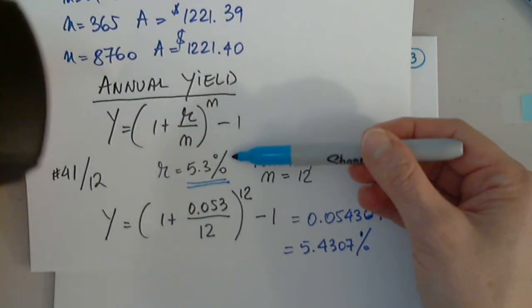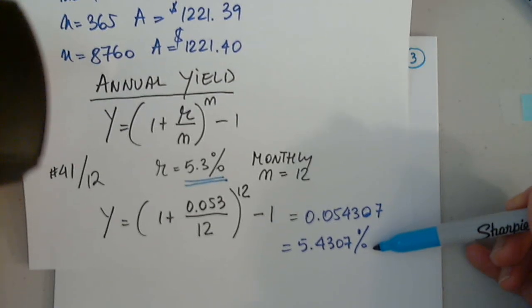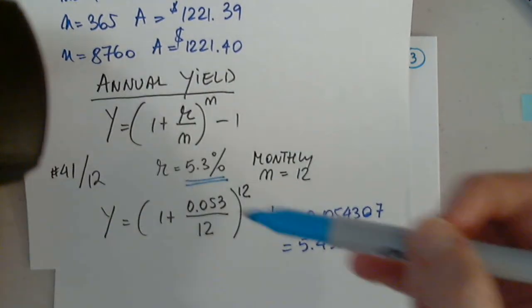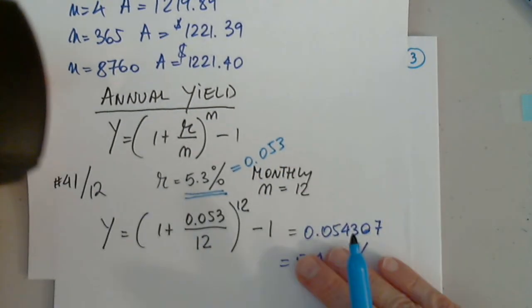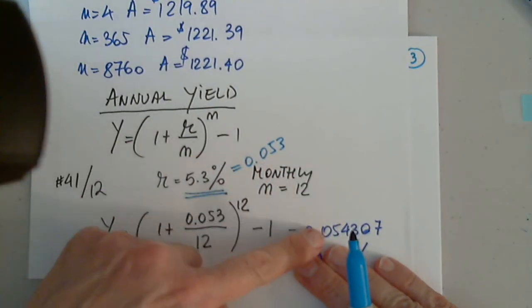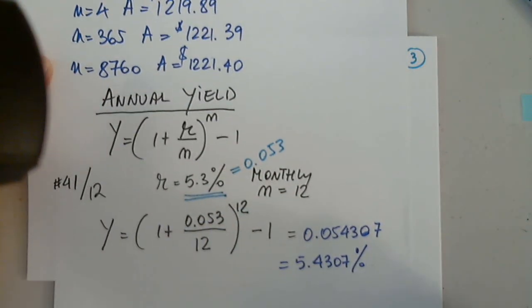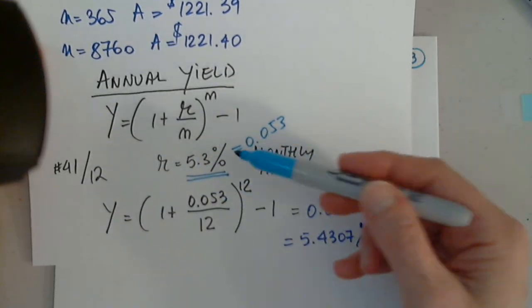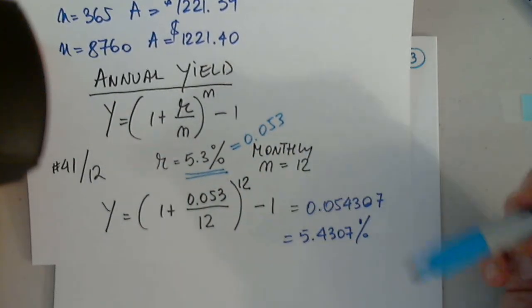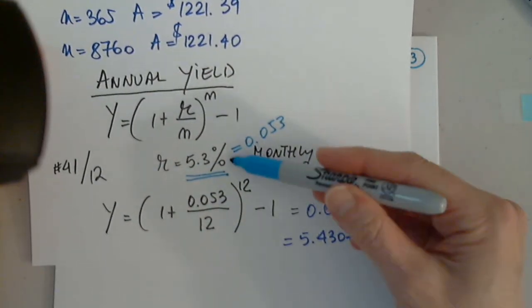So if this is in percent, I can only compare it to percent. Now, if I change this here with 0.053, then I don't have to write the percent. So then I'm comparing these two. But since the annual interest rate is always given in percent, most probably, then I will compare these two.